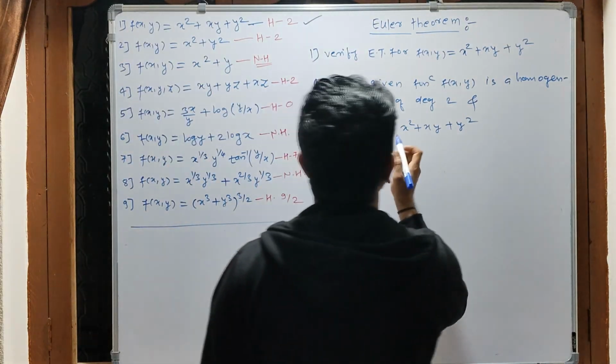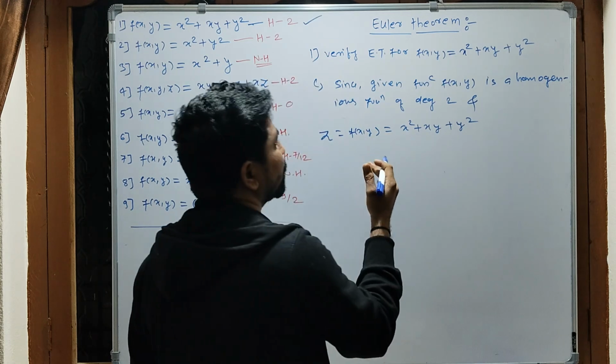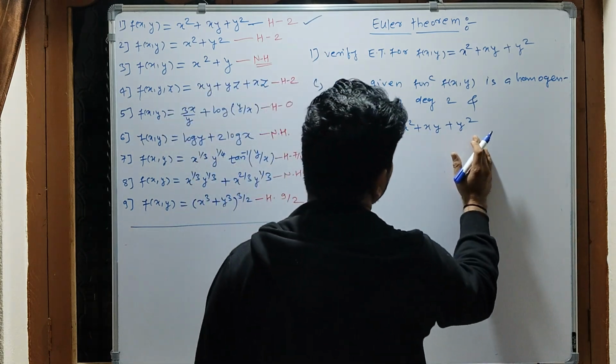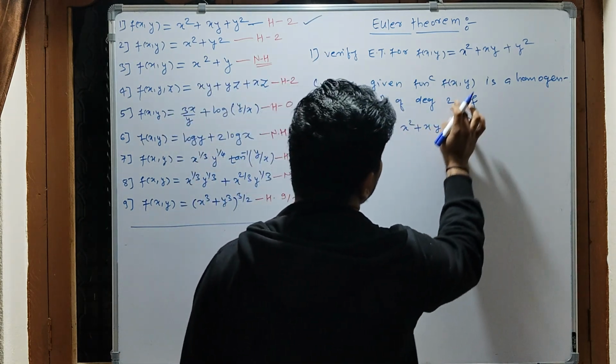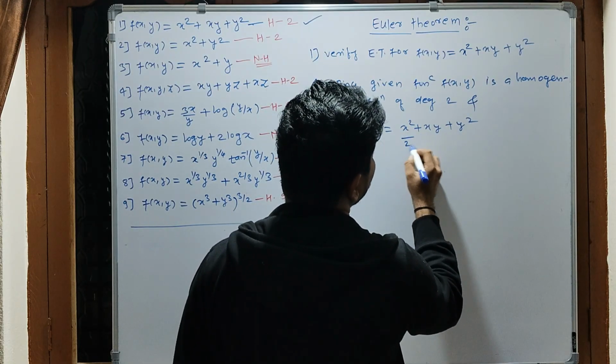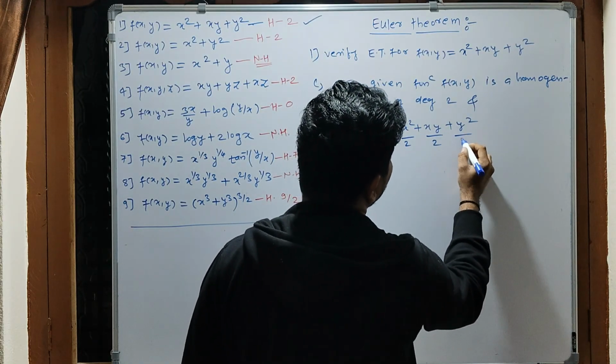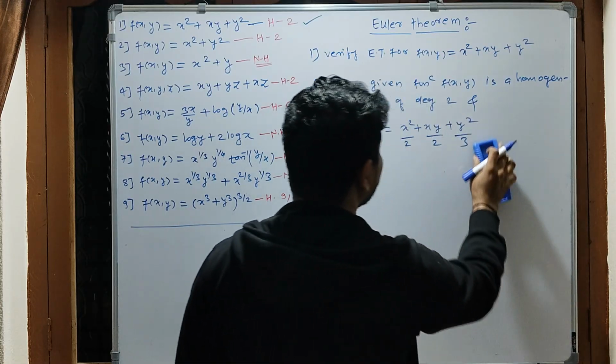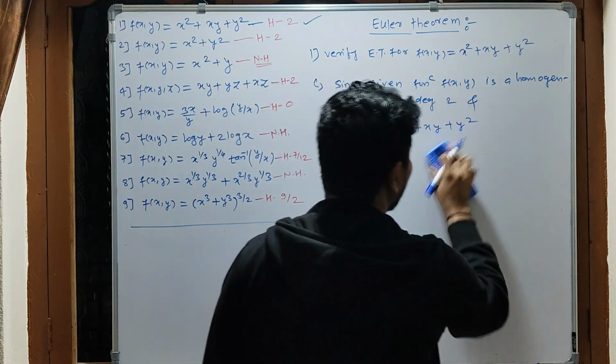Let's say z equal to f of x comma y equal to x square plus xy plus y square. This is a homogeneous function of degree 2 because the degree of each term is 2: the first term, second term, and third term all have degree 2.